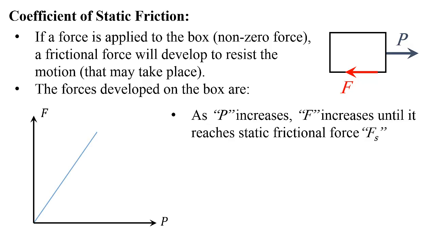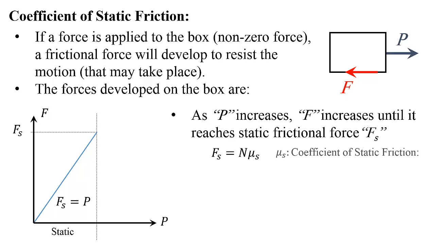It's going to look something like this. And Fs in this case equals N multiplied by mu s, and mu s is what we call the coefficient of static friction. The reason it's called the coefficient of static friction is that I still don't have any movement within that range.